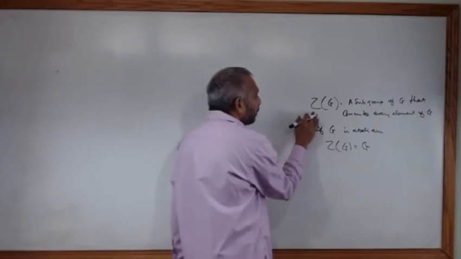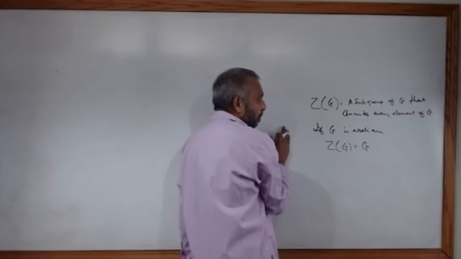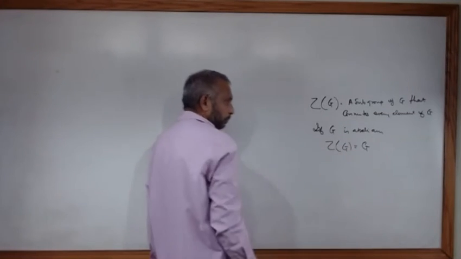That is why the center of a group is more useful when G is non-abelian. If it's abelian, it is the same.